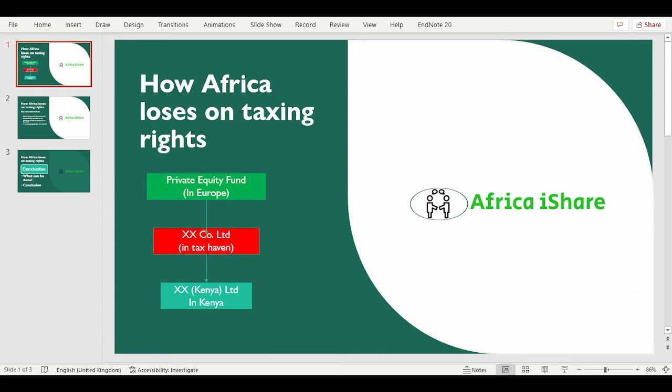Of course, this is a very simple illustration. Sometimes the structure is very, very comprehensive. You might find that the private equity fund has several companies in different tax havens, depending on what sector they're investing in.